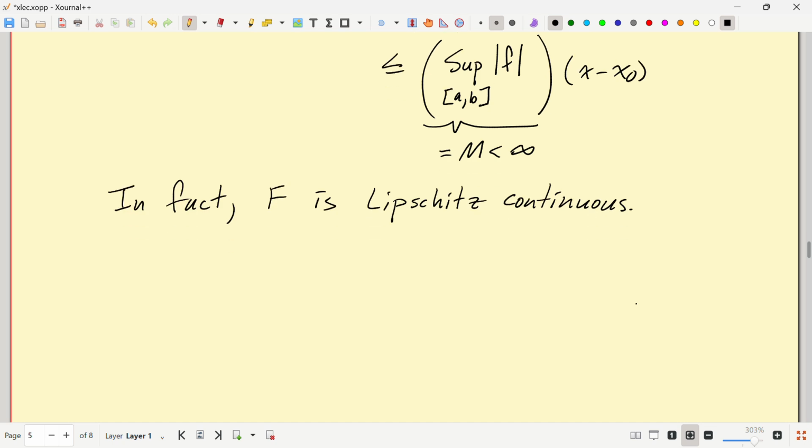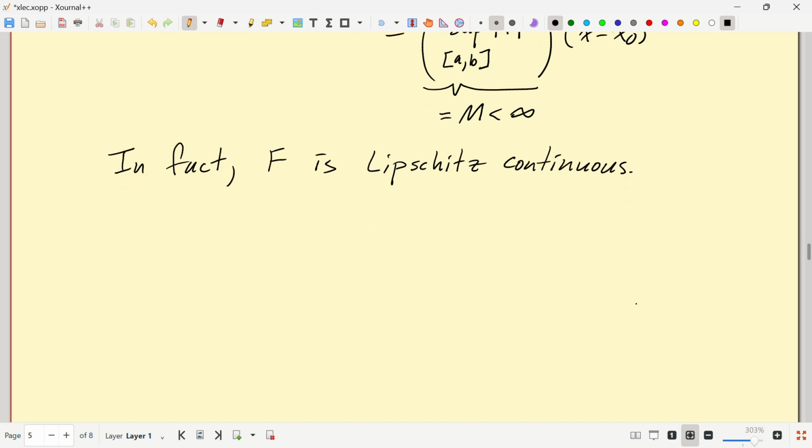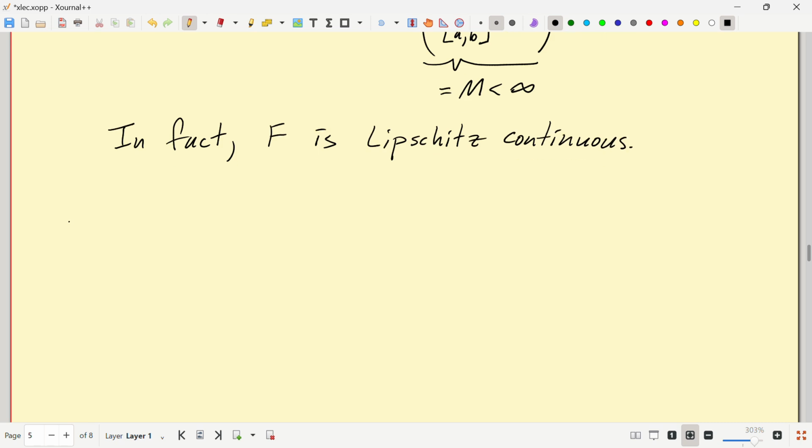And then that means that I can do exactly what I did above, at least at the spots where little f is continuous.